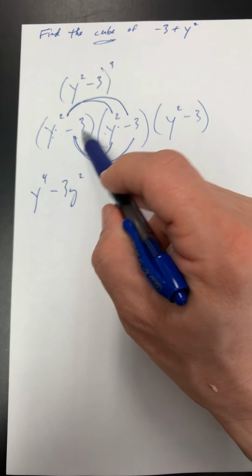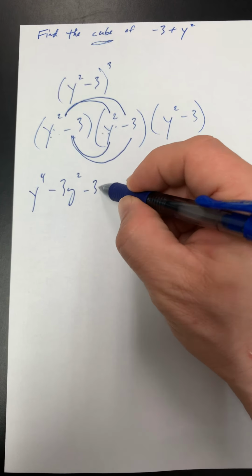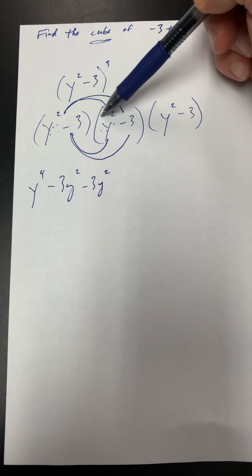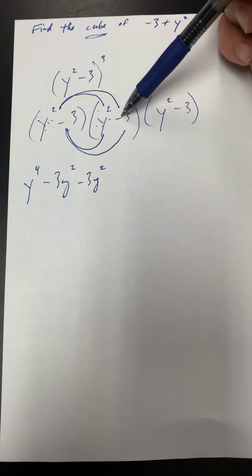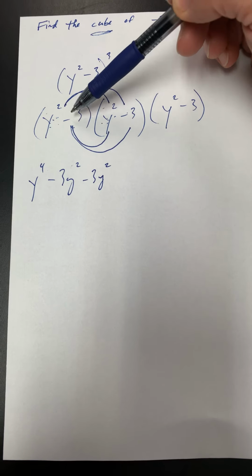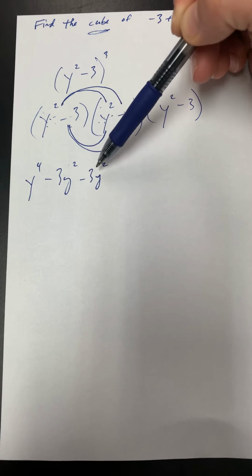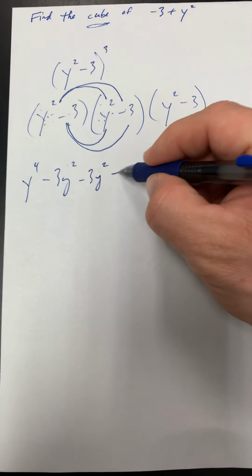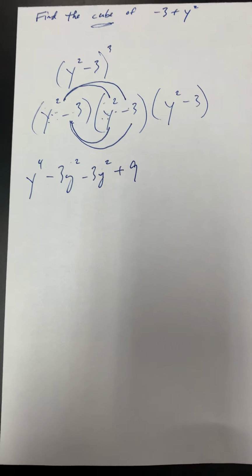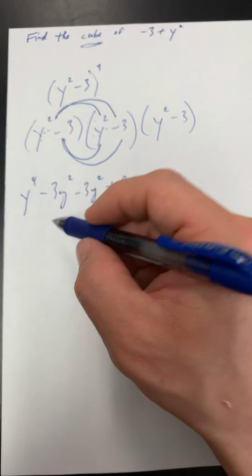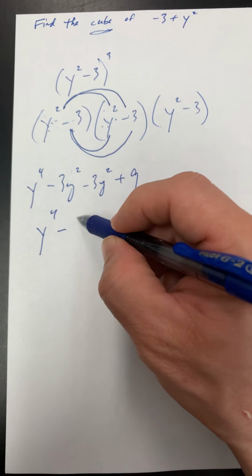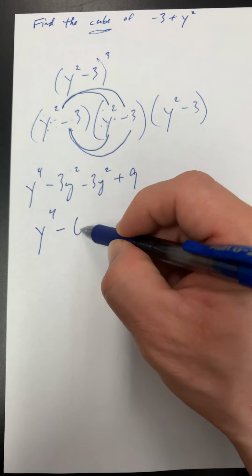Then we're going to get -3y squared again. And then -3 times -3 gives us +9. All right, so let's combine the like terms. So we're going to get y to the fourth minus 6y squared plus 9.